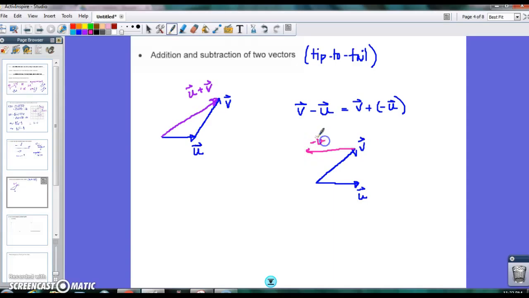So this would be negative u, and so then my resultant would be there, which would be v minus u. So you're still doing tip to tail. It's just that you're taking that second vector and switching the direction of it because of that minus sign. Okay, so that's the idea behind that.